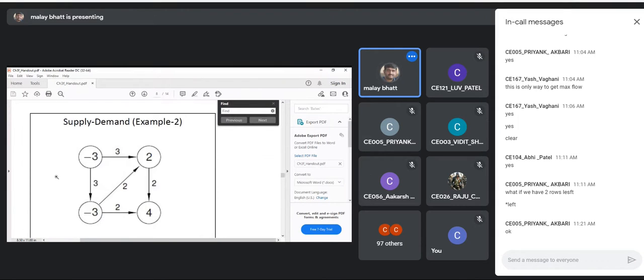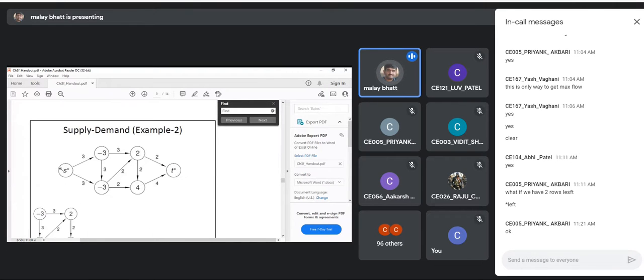You can solve it. So now for this example, supply node, we have 2 supply nodes, -3 and -3. Similarly, we have 2 demand nodes, 2 and 4, and remaining are the capacities. So I will convert that into a flow network. S star is the source node, and T star is the new terminal node, which is connected with the demand node.